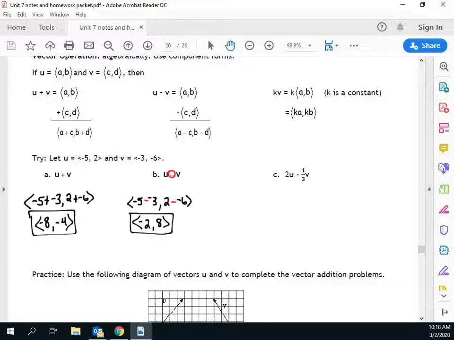And the last one takes an amplification to them. So what I recommend first is doing the multiplication part first, and then doing the subtraction part second. So let's amplify u by 2. You take all those numbers and multiply them times 2.